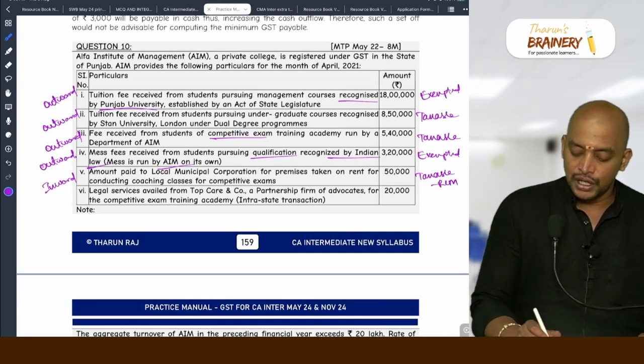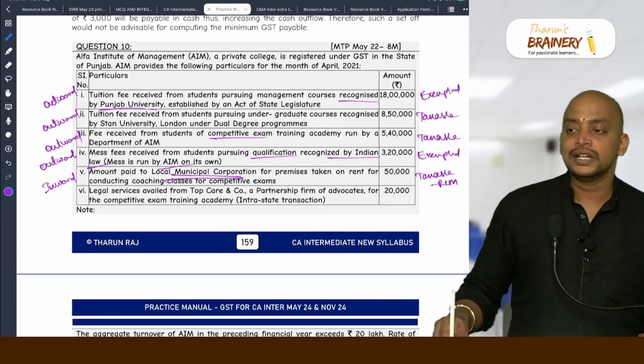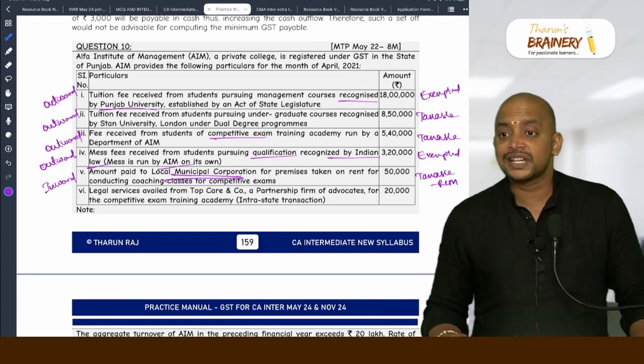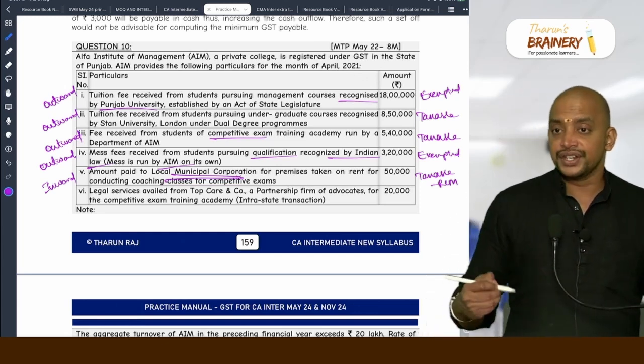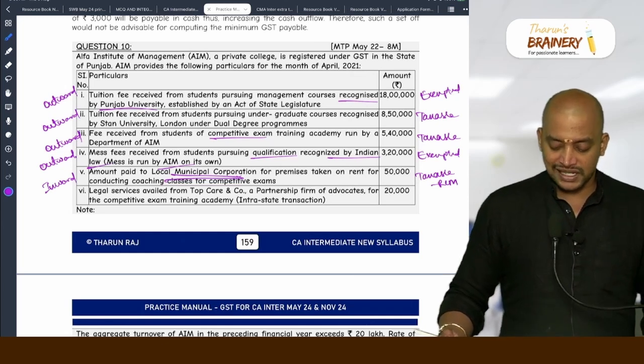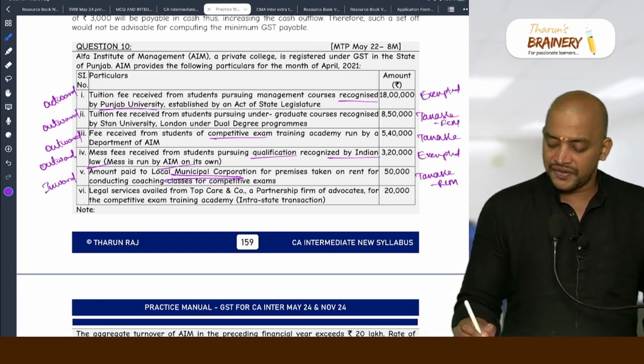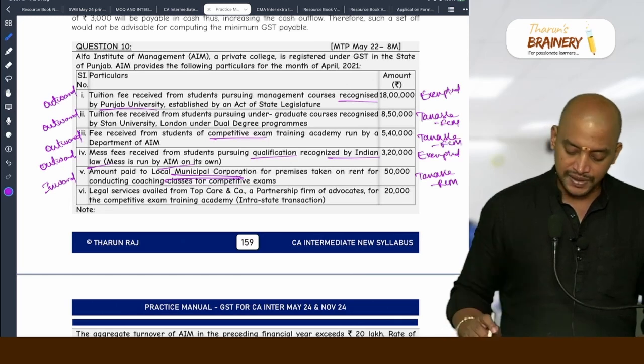Why RCM? Local municipal corporation. So renting of immobile property by government to business entity. So who is registered? So definitely it will be taxable under RCM. We don't have FCM for this.